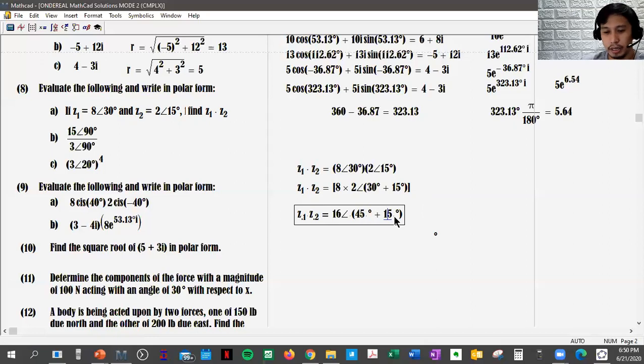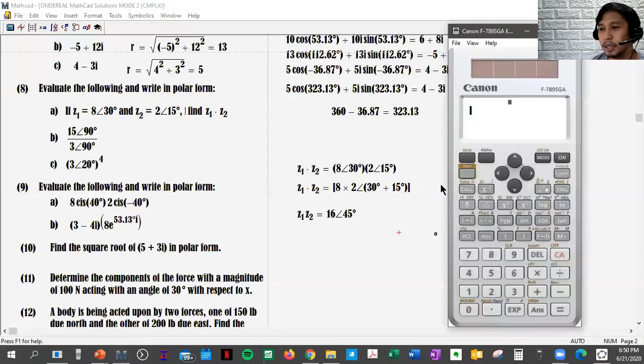Now, of course, we may just evaluate that right away in our calculator. Using the calculator, we have to go to mode 2. So 8 angle, angle is this, 30 degrees. We may not include the degree sign anymore, times 2 angle 15 degrees.